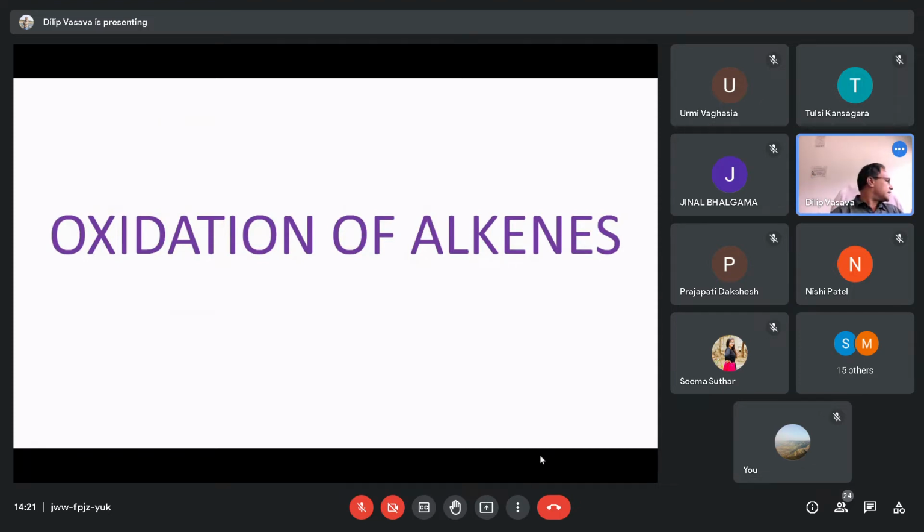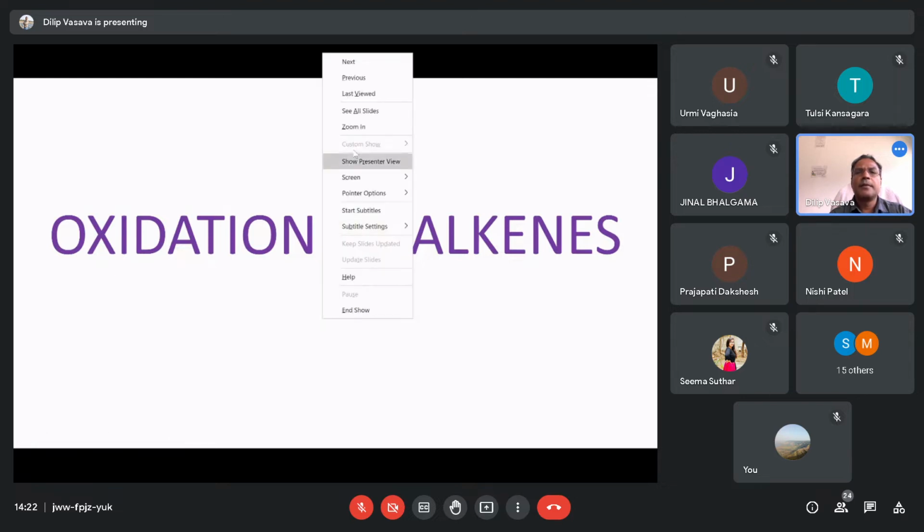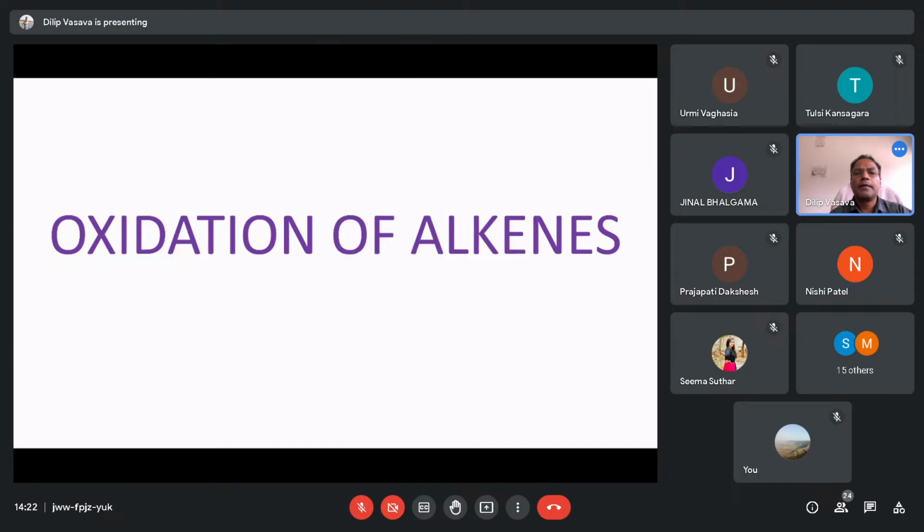So any of the compound is attached to the carbon or hydrogen.